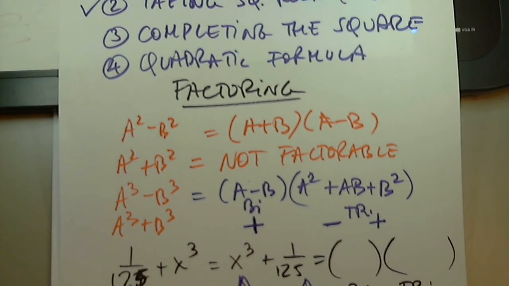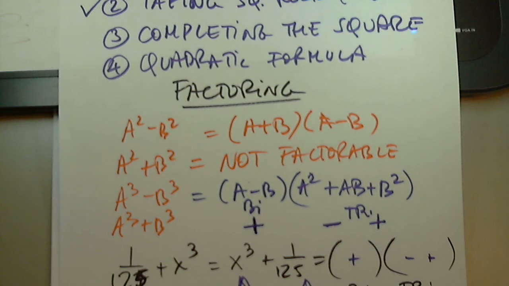Very good. So I discovered already the binomial. Let's write the sequence of signs first before I write anything. I'm factoring the sum of cubes. What is the sign inside the binomial? Plus. And what will be the sign in the middle of the trinomial? Negative. Perfect. So plus and negative, and the last term is positive.